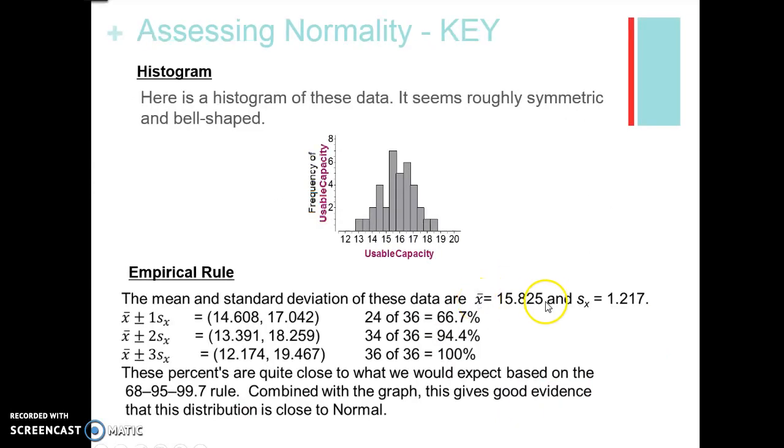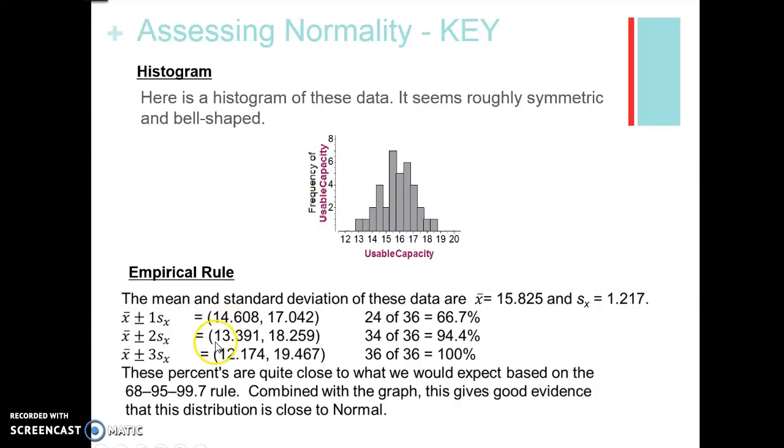Okay, after you find that mean, notice we're using the sample standard deviation because this is a sample.